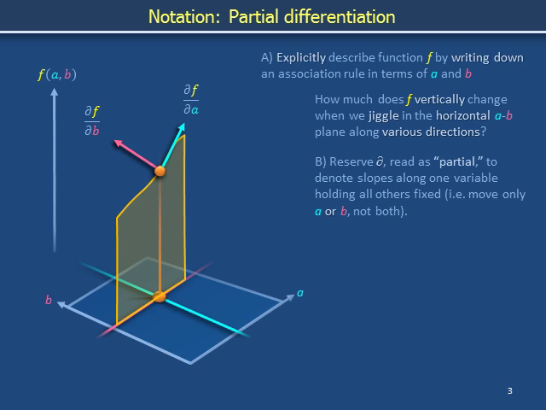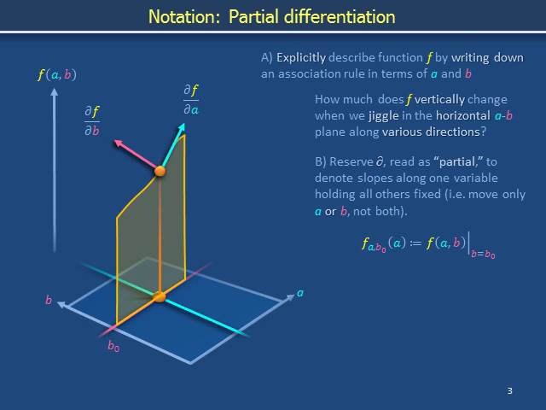An equivalent way to describe partial f partial a follows in equations. Hold the value of b in the function f of a comma b constant somewhere. Let's call it b sub 0, b naught. Let's call this object f sub a comma b naught of a, which is a single variable function, a function of a alone, so it is distinct from f of a comma b. The things in the parentheses for these two creatures are different.